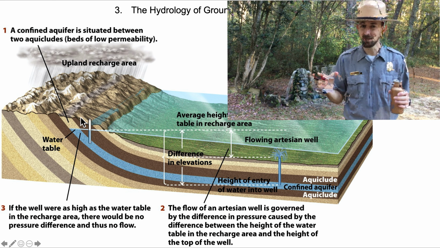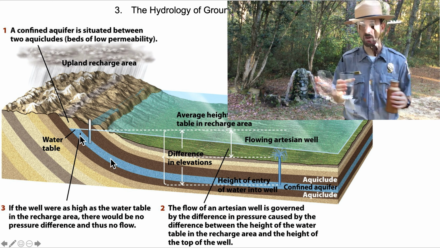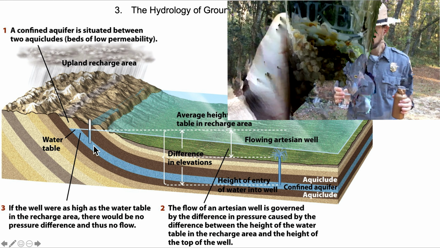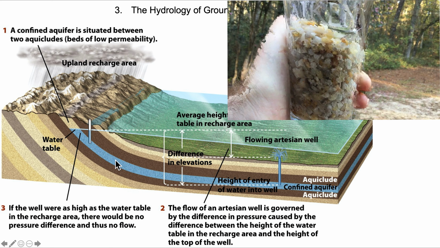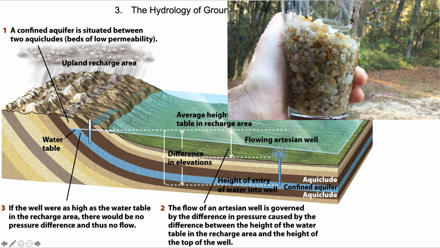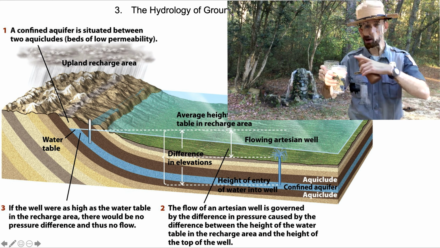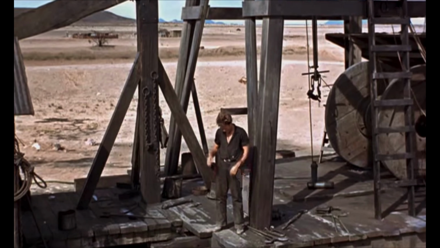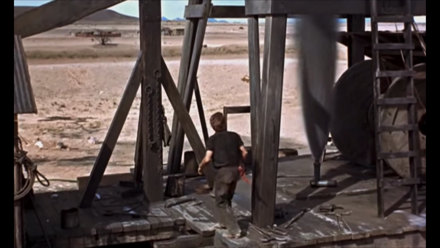And again, that's because we have hydrostatic head here. It's a big tube, essentially, that's full of water. The height of that water in the tube determines the pressure at the base of the tube. So we can either have an artesian well that just flows, or an artesian well that blasts up out of the ground like a gusher oil well from the 1930s in Texas.